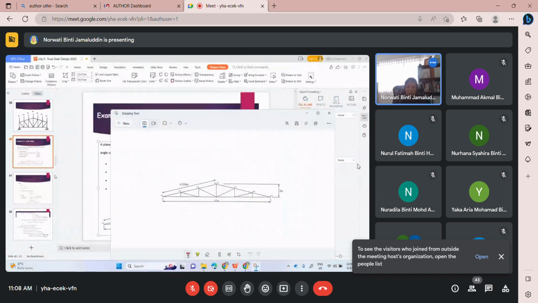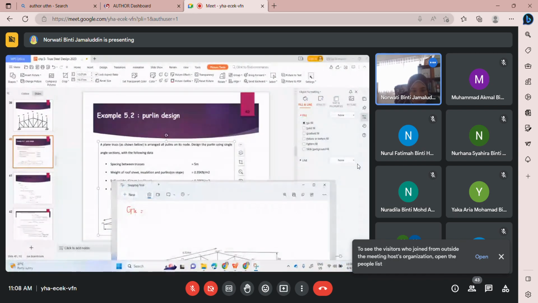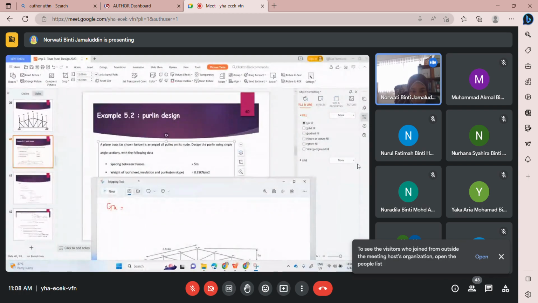First, we try to gather all the information. What are the information that we can get? We have dead load, GK. We have two types of dead load here. One is the weight of roof sheet, insulation, and purlin.